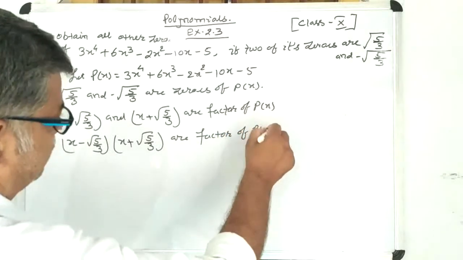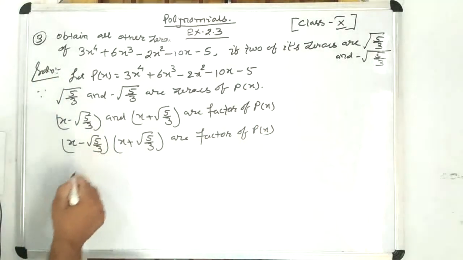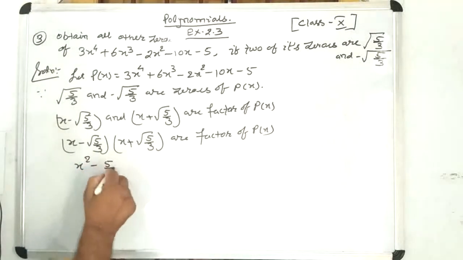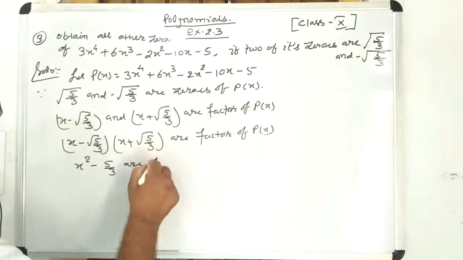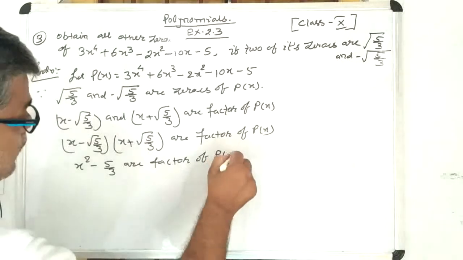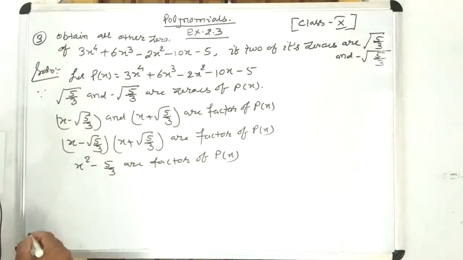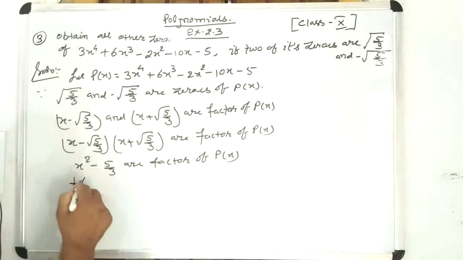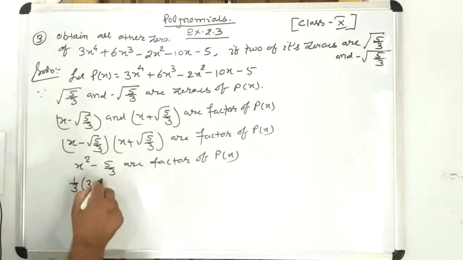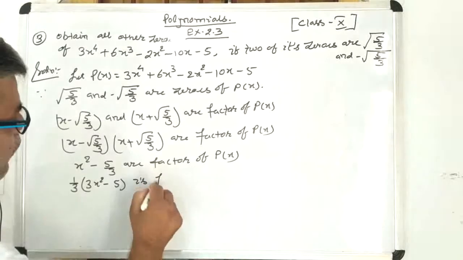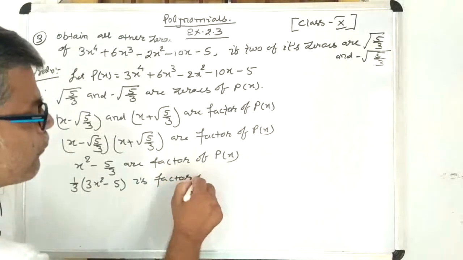of p(x). So now applying the formula, x square minus 5 by 3 is a factor of p(x). Or you may take 1 by 3 as common, so 3x square minus 5 is a factor of p(x).